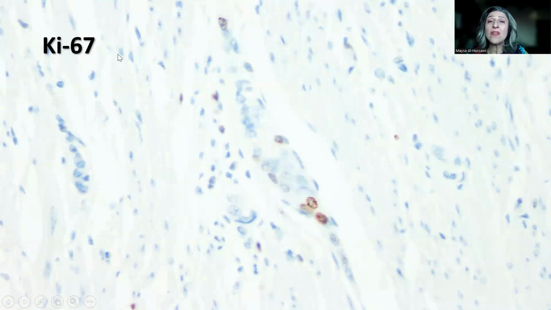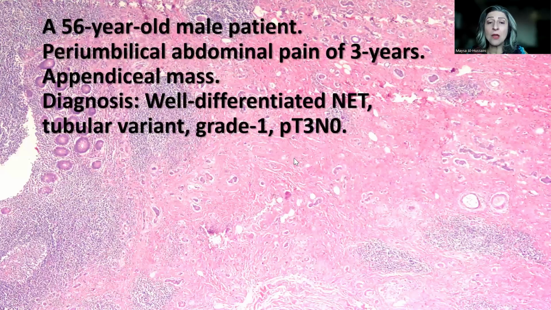The Ki-67 is important to perform in order to help in grading the tumor. You have to do two things. You have to count mitosis and to do the Ki-67, but I honestly rely heavily on Ki-67 because if Ki-67 is low, less than 2%, then probably there will be no mitosis and mitotic figures will be less than 2 per 10 high power fields.